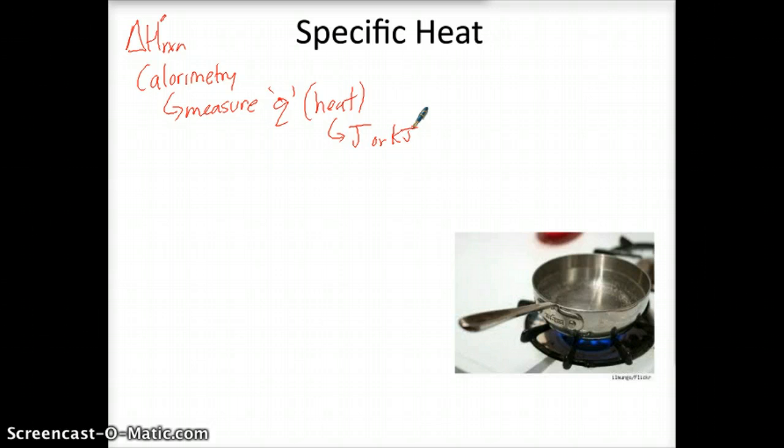And we usually measure the heat transferred by recording the temperature, because that's an easy thing to measure in a lab with a thermometer. But the issue here is that different compounds change temperature at different rates, by different amounts.